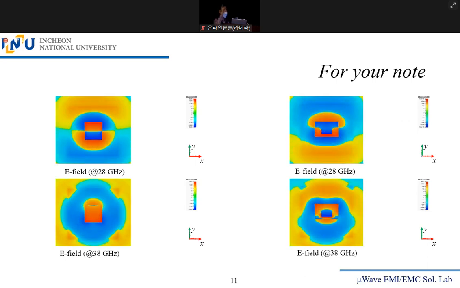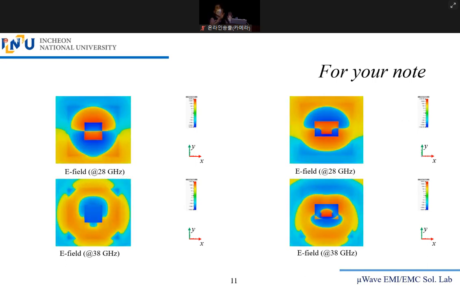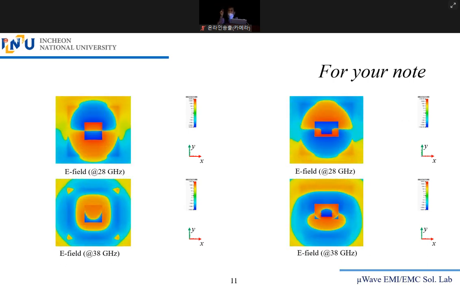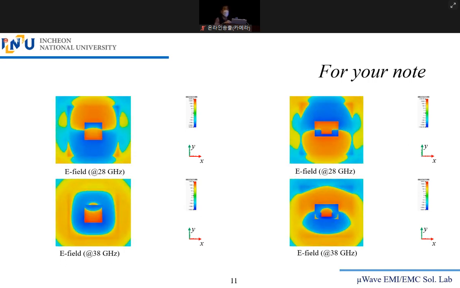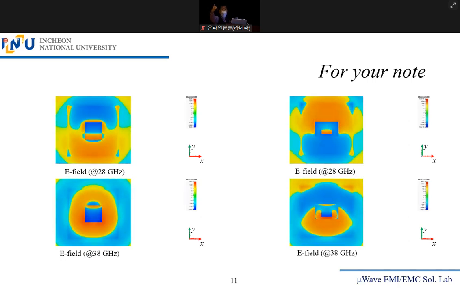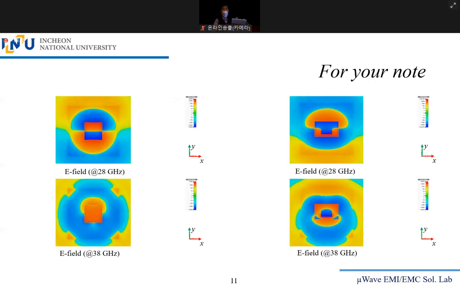Why? Millimeter wave, the far field is going to increase? No, no, no. Millimeter wave wavelength is very small and shorter. How can a shorter wave have a large or increasing far-field distance? No, it's wrong.